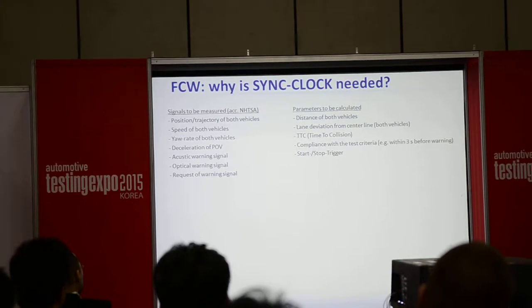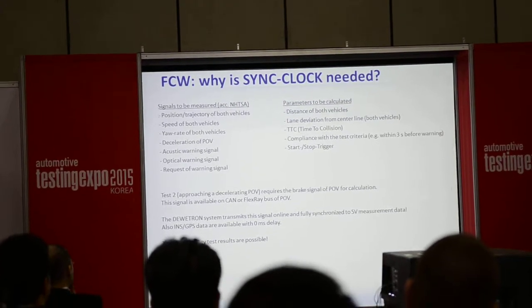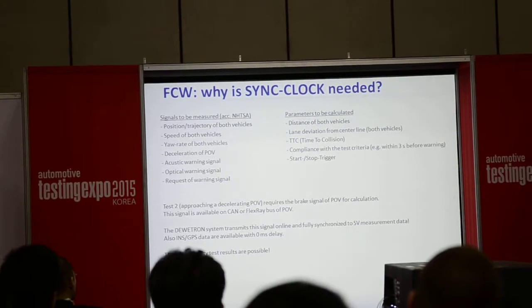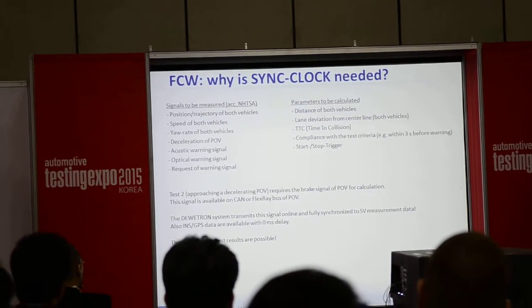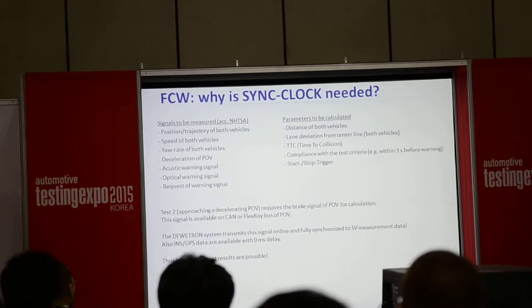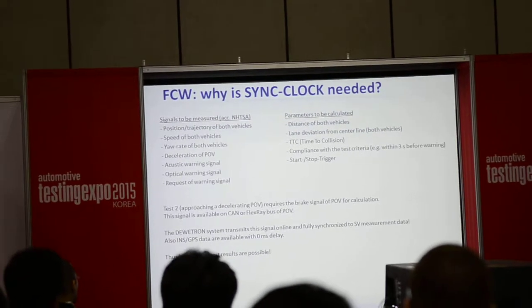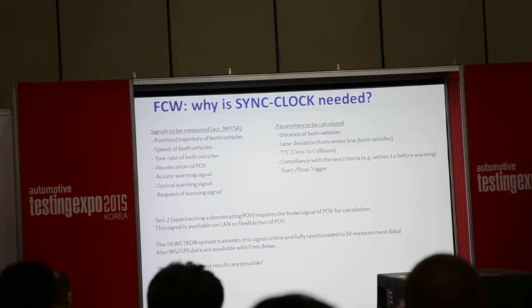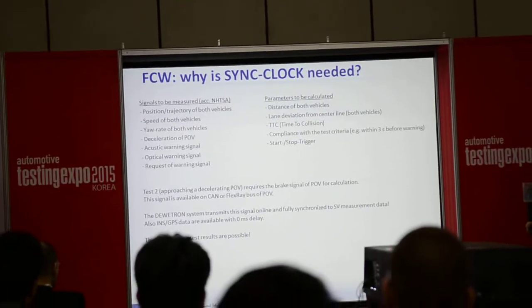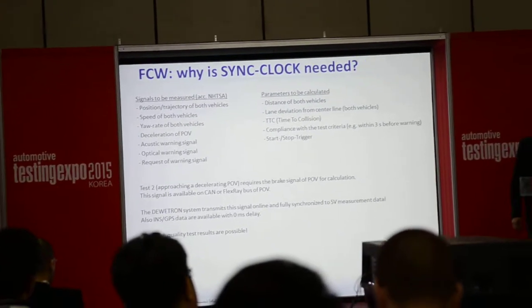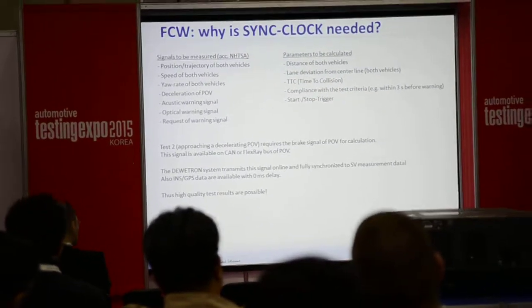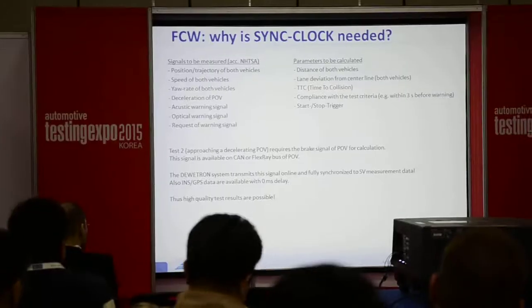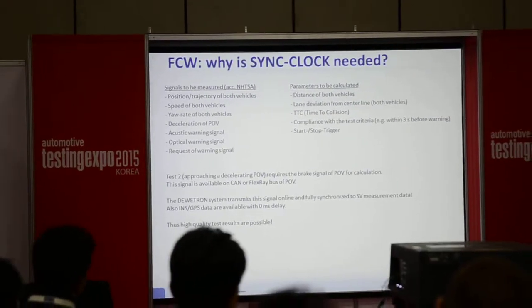So if we now take a closer look to the test 2, we figure out that we need the brake signal of the POV for calculation, because one of the conditions is that the speed of our subject vehicle cannot deviate from the nominal speed for more than 1 mile per hour for a period of 3 seconds prior initiation of the POV braking.